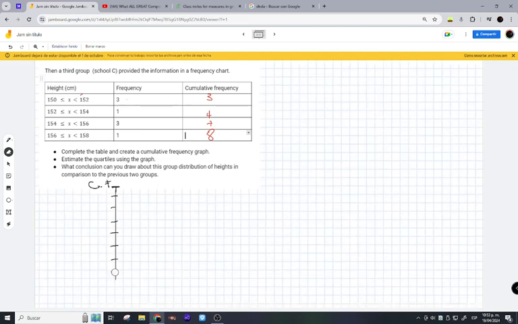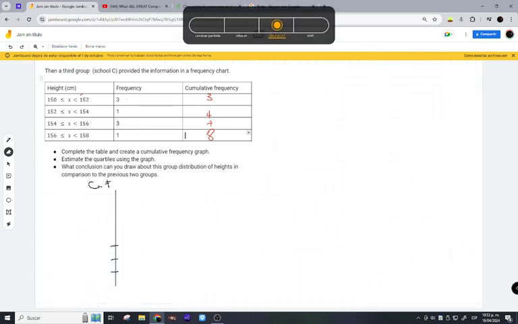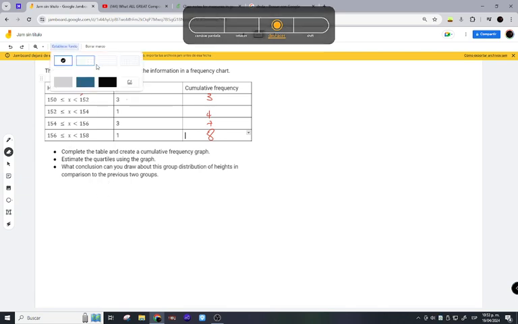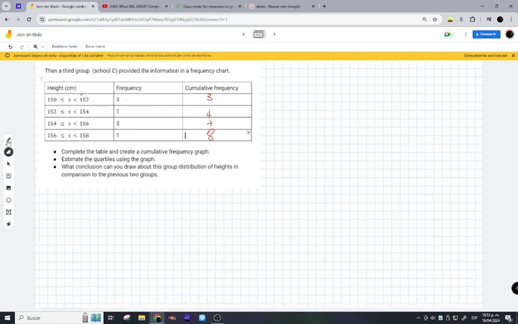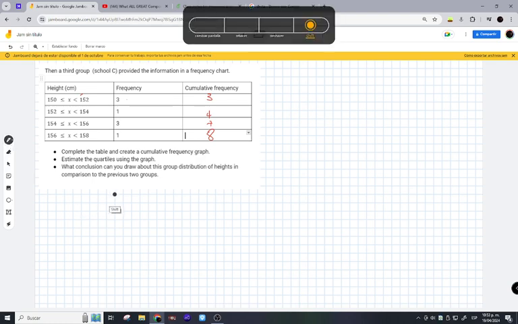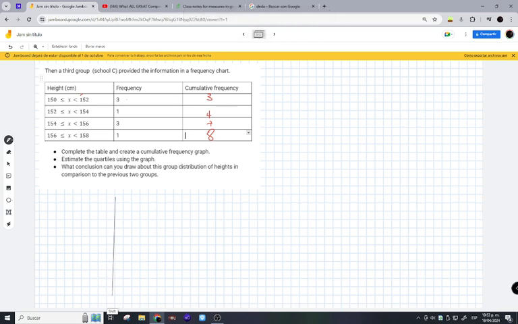Let's actually do it like that. Give me a second. Let's actually use the grid for clarity. Let's do it over here: 1, 2, 3, 4, 5, 6, 7, 8. Let's erase this part. And let's label.